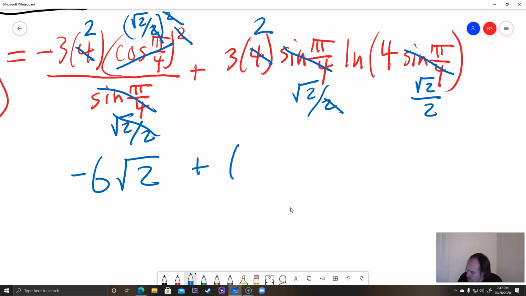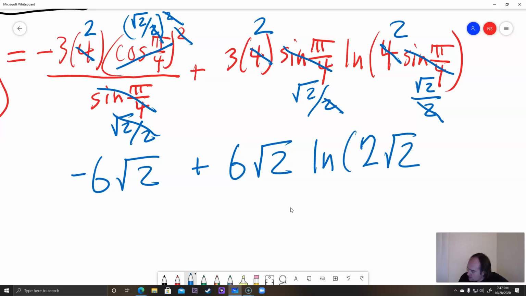So we have plus 6 root 2 times ln of, well, inside the natural log, the 2 and the 4 cancel. So we get 2 root 2. So it's going to be ln of 2 root 2. Okay, so we have negative 6 root 2 plus 6 root 2 times ln of 2 root 2.